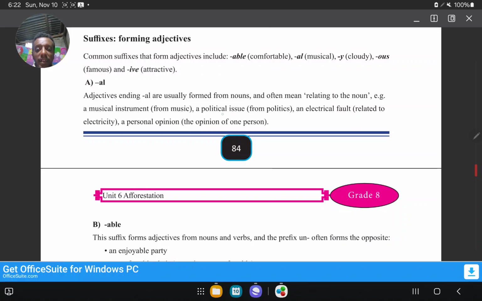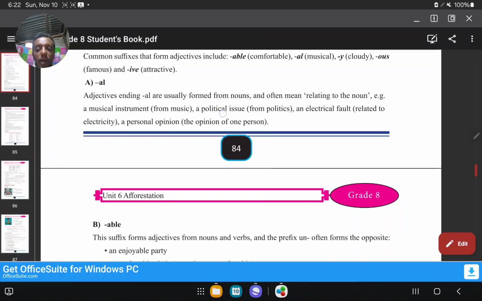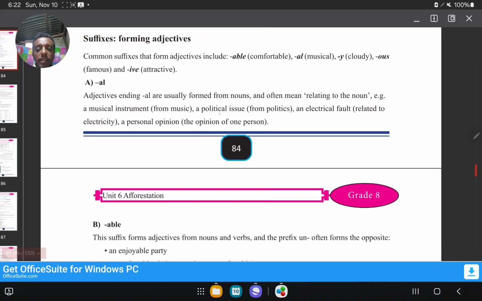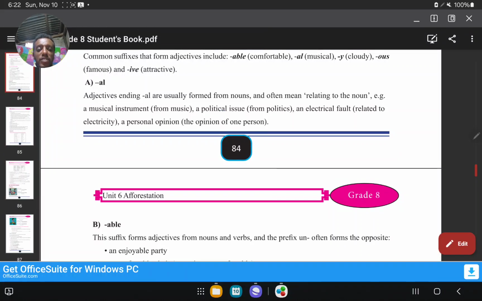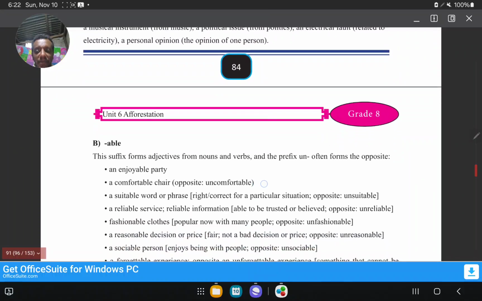Don't forget this one, politics or politic. This is the አንዳንድ ጊዜ ቤዝ ወርድ ሊመስላችሁ ይችላል አይደል አንዳንድ ጊዜ ግን በሰፊክስ የተመሰረተ ነው ማለት ነው. So political, instrumental, musical and electrical ልትሉ ትችላላችሁ ማለት ነው.